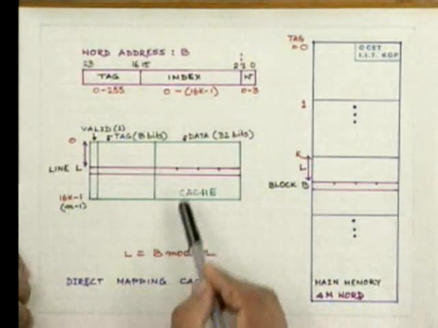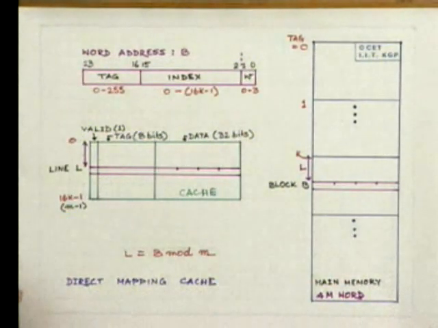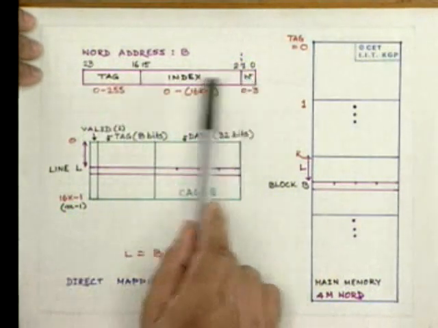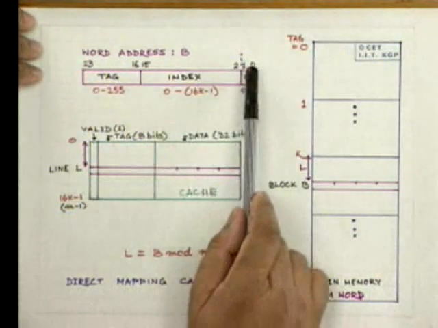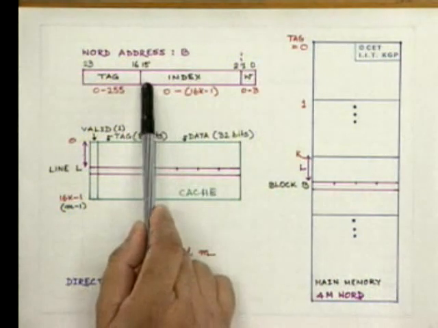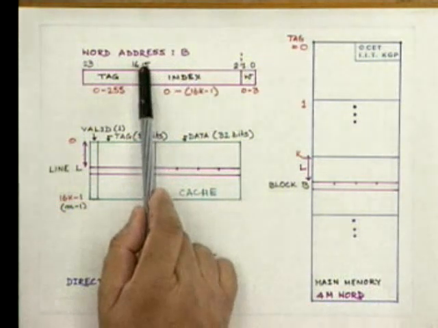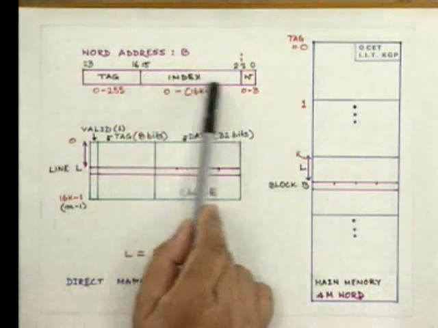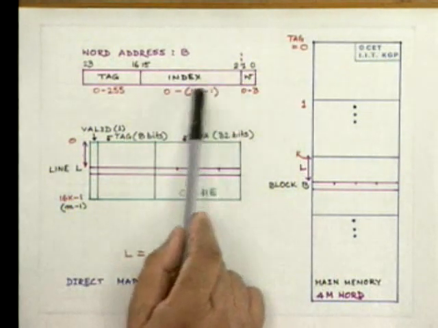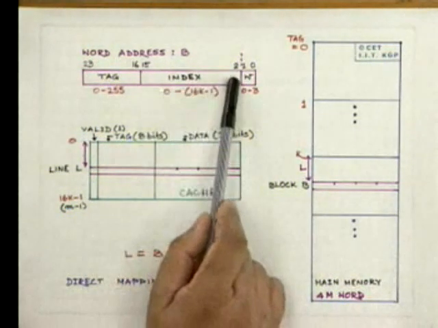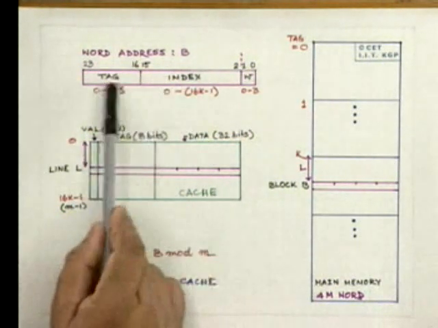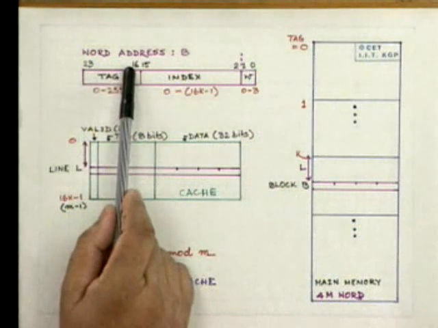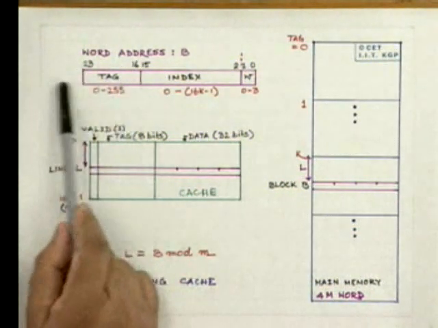Now, keeping this in mind, let us take this word address and divide it into a 14-bit part here, bits 2 to 15, which we call the index. This 14-bit part accounts for the 16K addresses. Then another 8 bits, from 16 to 23, we call the tag.